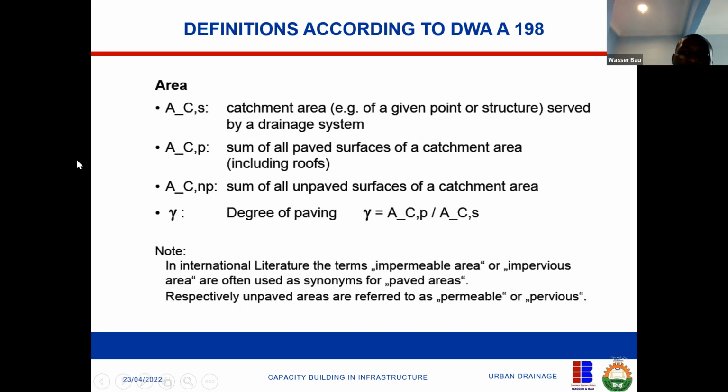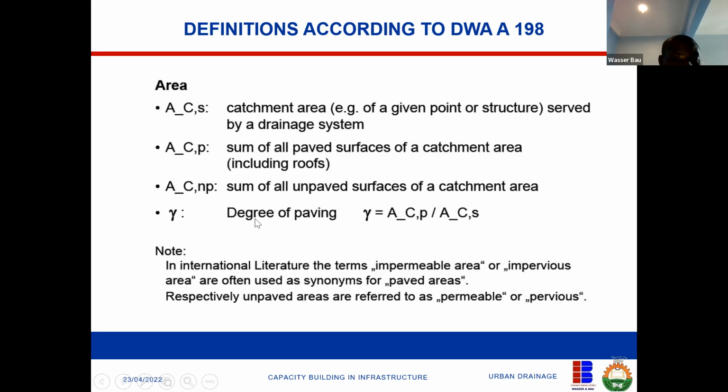So here, the catchment area will be represented as ACS, catchment area. Then ACP will be all the paved surfaces of the catchment area, including runoff. Then ACMP will be the sum of all unpaved area of the catchment.